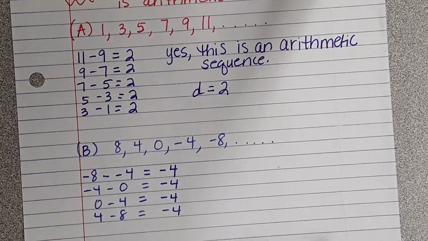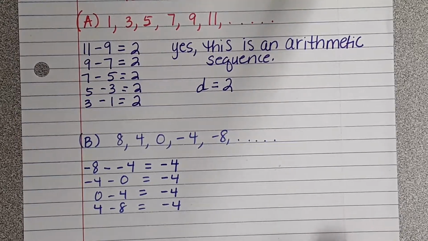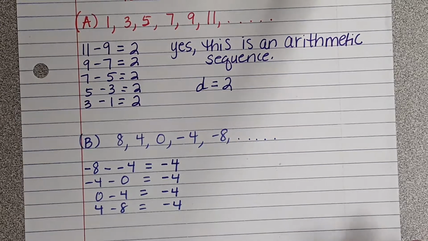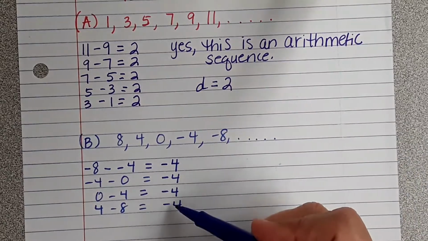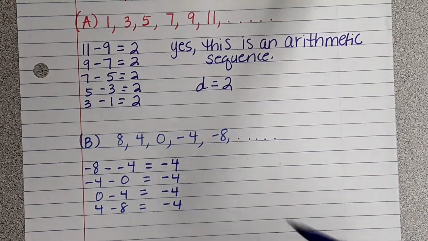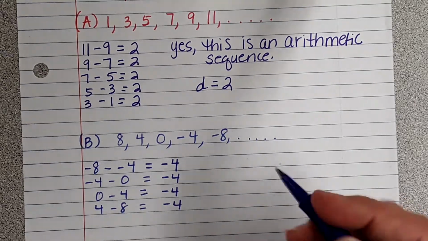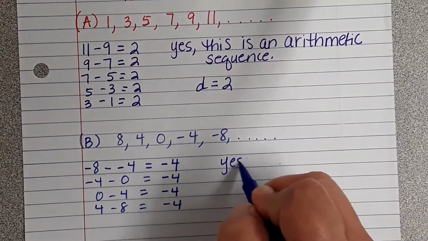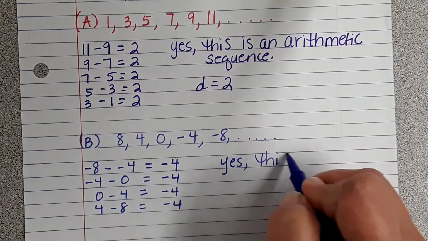So is this an arithmetic sequence? Yes. They all equal negative 4. Now, you guys, if you're trying to prove if it's an arithmetic sequence, you have to do all of this, okay? If I already tell you it is, you don't need to do all of that. Okay, so yes, this is an arithmetic sequence.